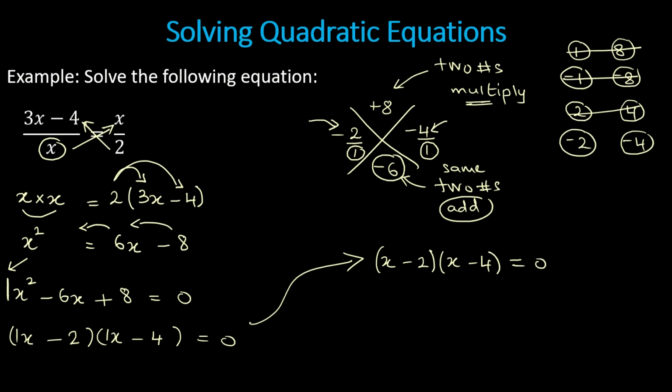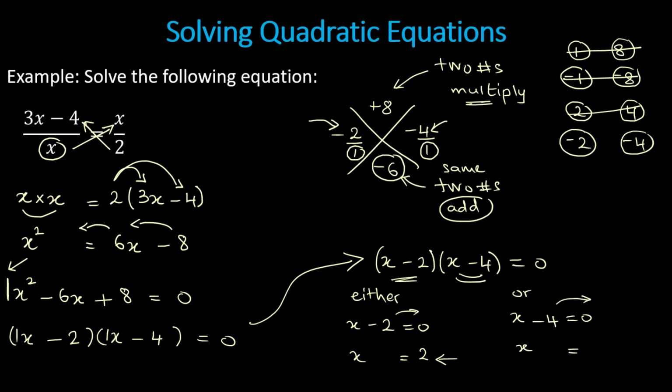All we have to do now is to equate each factor to 0, meaning either x minus 2 is 0, this will give x equal to 0 plus 2, our first answer, or the second factor we equate to 0, x minus 4 is 0, x will be 0 plus 4 is 4, our second answer, right? You see, that is why I have told you before to know all your types of factorization very well.